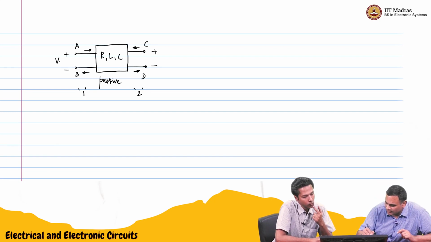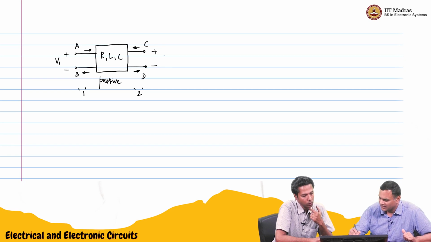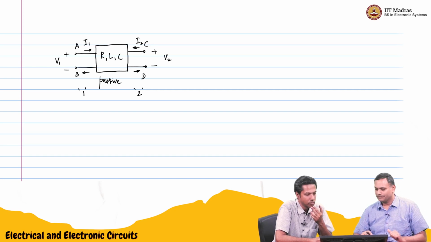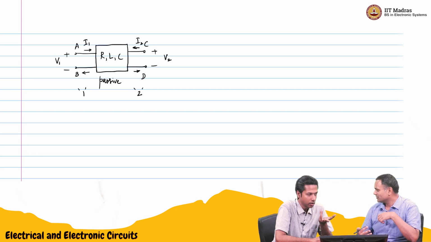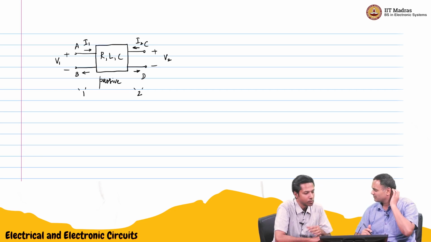We'll call this V1, this V2. We'll call the current going into port 1 I1, and the current going into port 2 I2. This is the normal convention because it's passive: if you apply V2, current will go into the port.